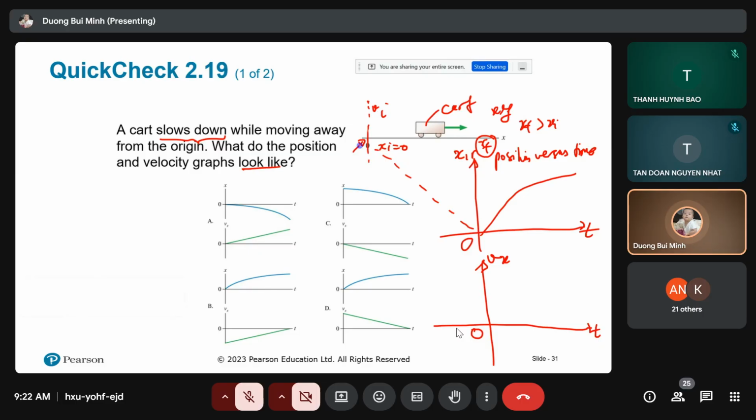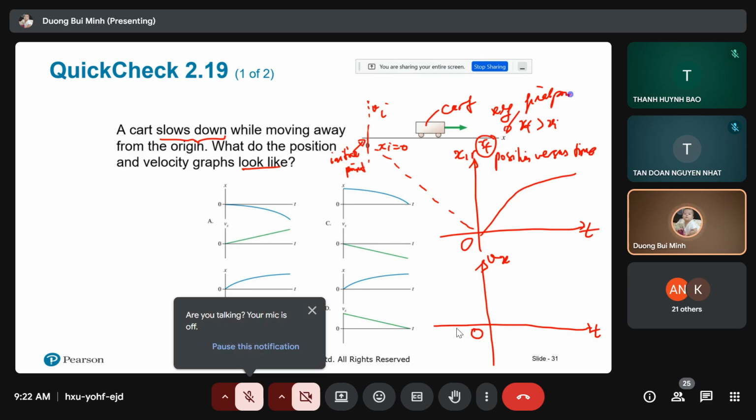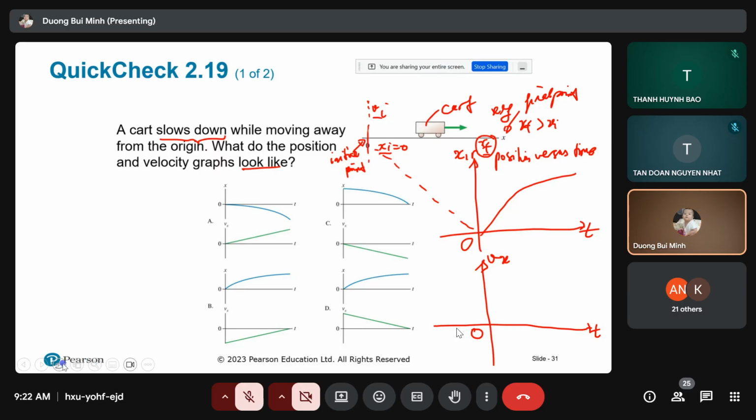I think the key point is you need to determine where the initial point and the final point are. After that we identify xi and xf, vi and vf.